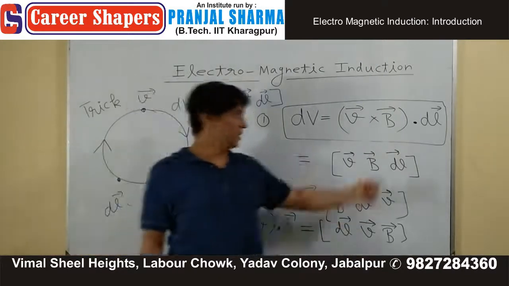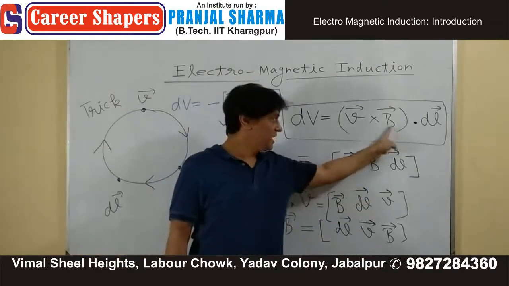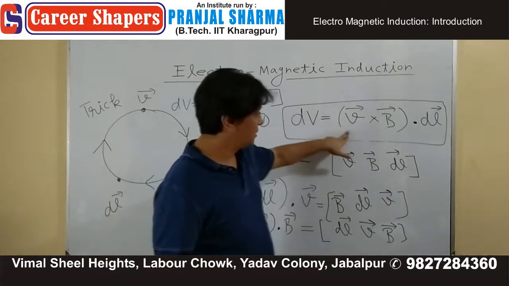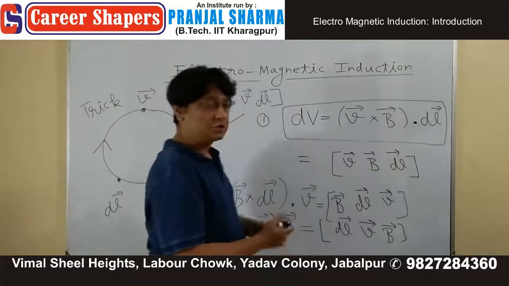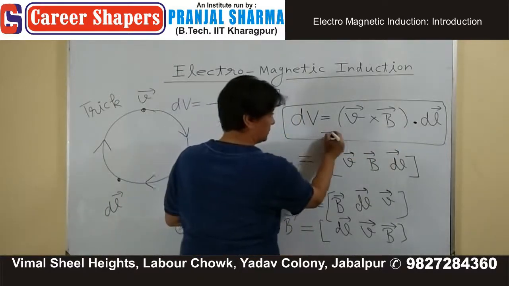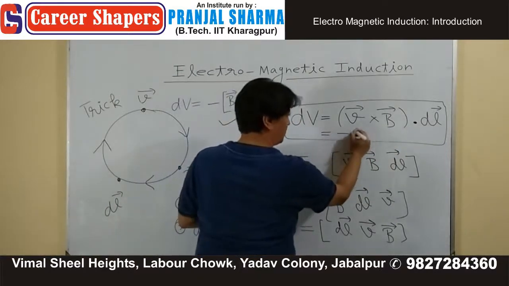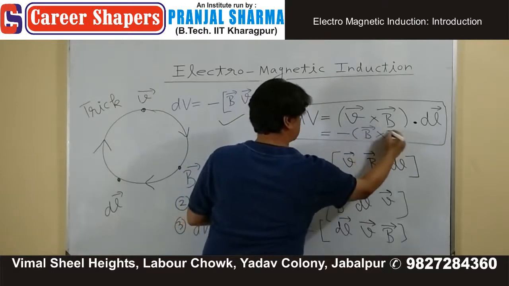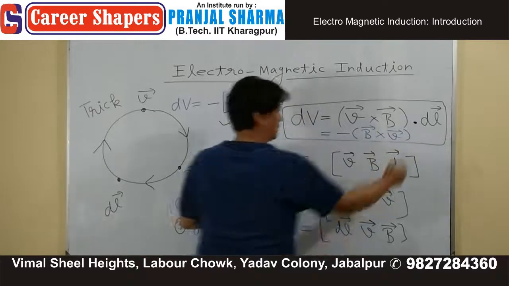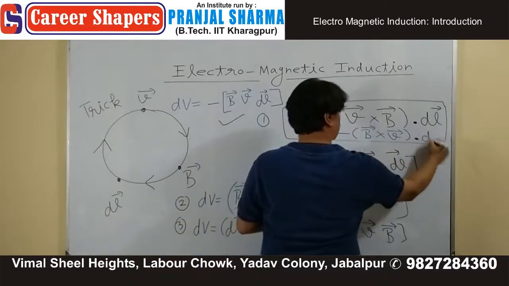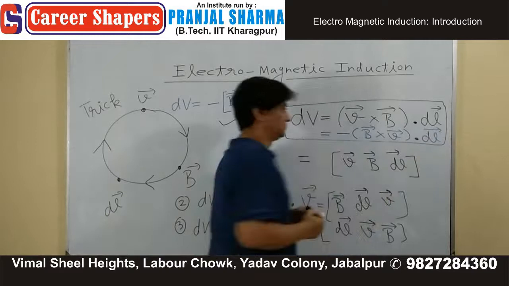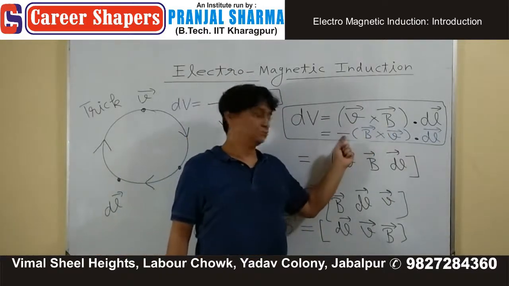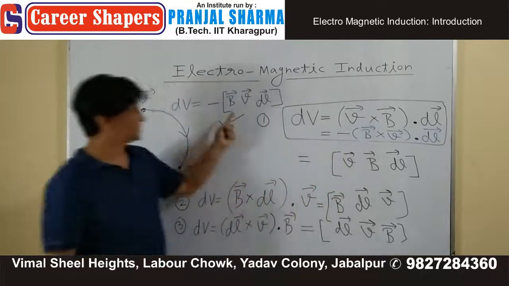In fact, if I write B first and then I write V, then this part looks like this: minus of B cross V dot dl. If you change the order, use a negative sign. This is this.